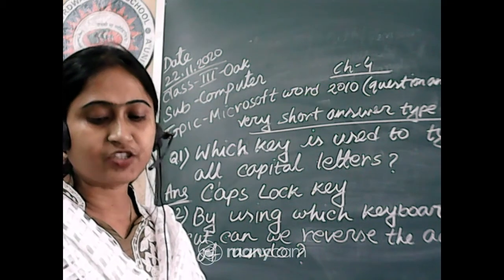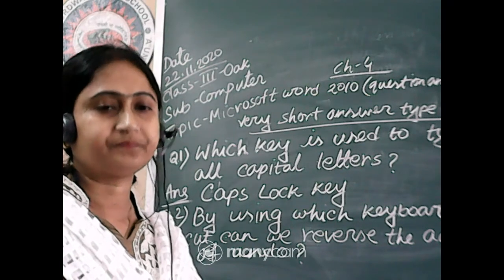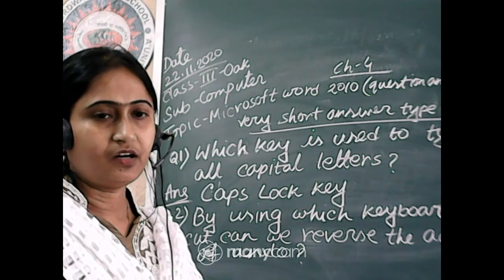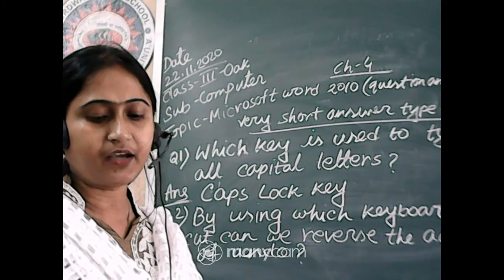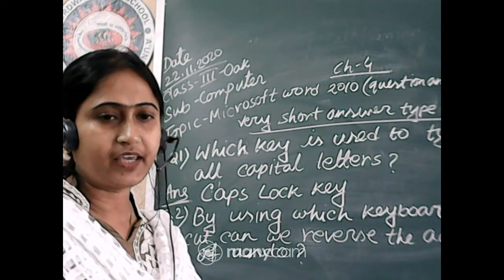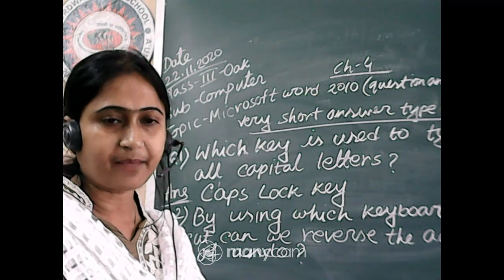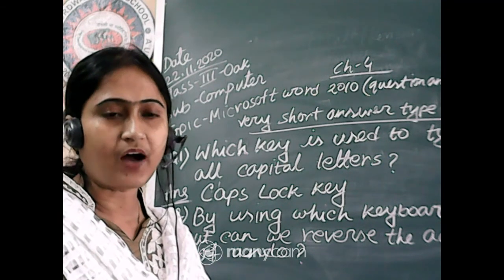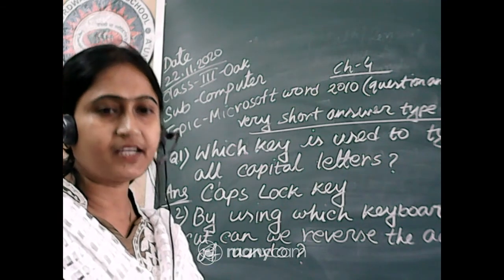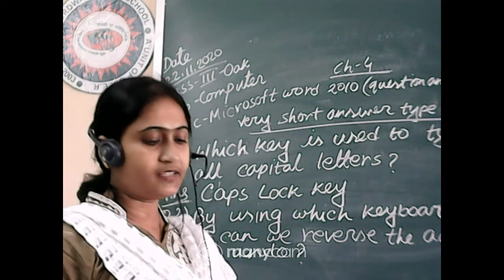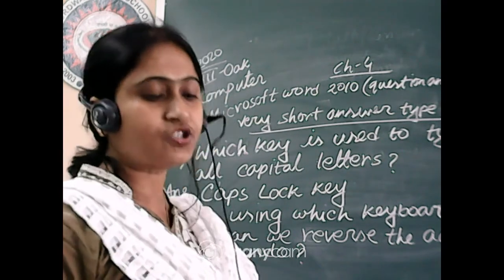Redo. But which shortcut key? Redo is an option. It is not a shortcut key of the keyboard. No redo key is present on the keyboard. The shortcut key is Control plus Y. Redo, obviously, but here the question is by using which keyboard shortcut?